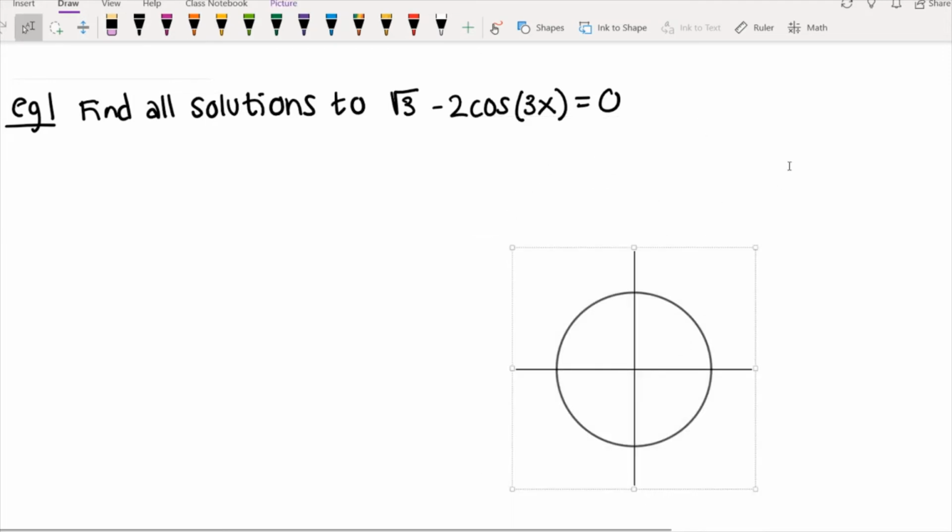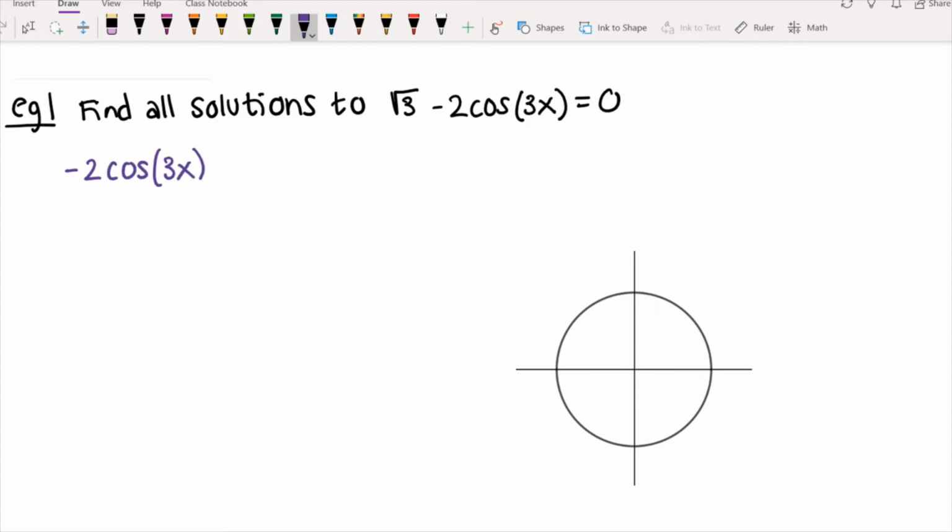So just like we did on the other ones, we want to start by isolating the cosine part. So if we subtract square root of 3 from both sides, we get negative 2 times cosine of 3x is equal to negative square root of 3. And so that tells us that cosine of 3x is equal to, if we divide both sides by negative 2, positive square root of 3 over 2.